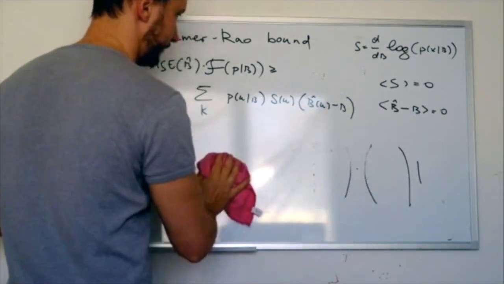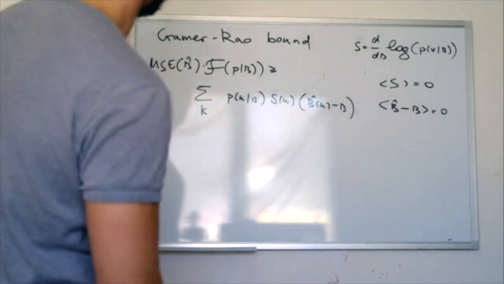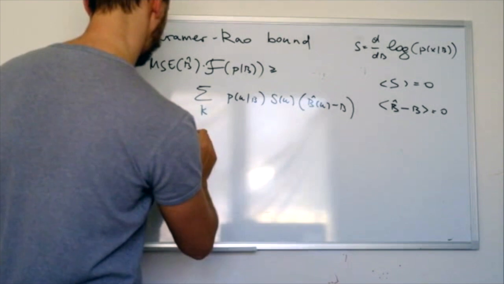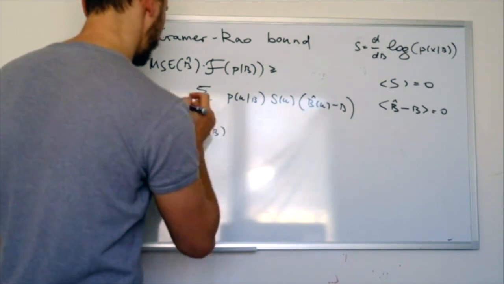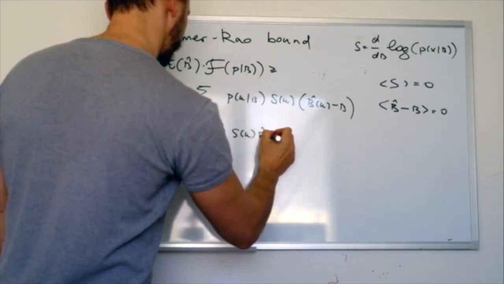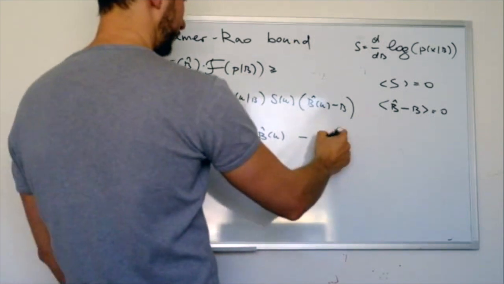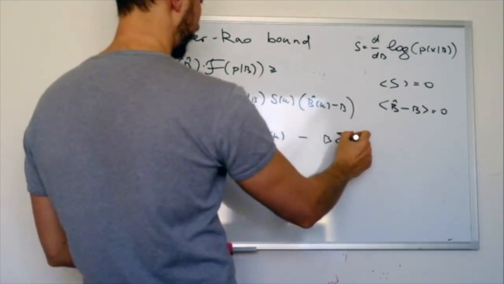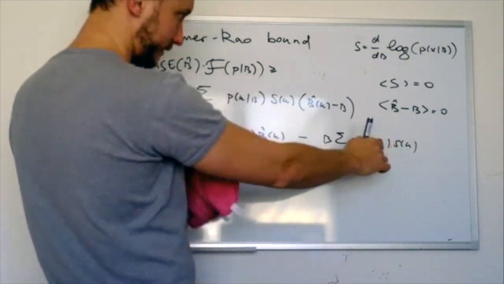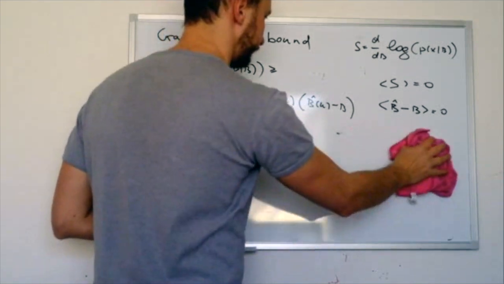Now, what is this quantity? Well, we open the brackets, so this is equal to the first term, the sum of p_k(b) s_k b hat_k, which is what we're interested in, minus, for the other term, we just put b out, and we get the sum of p_k(b) s_k, but s, the score, has zero mean, so this is zero. The only thing we care about is this.